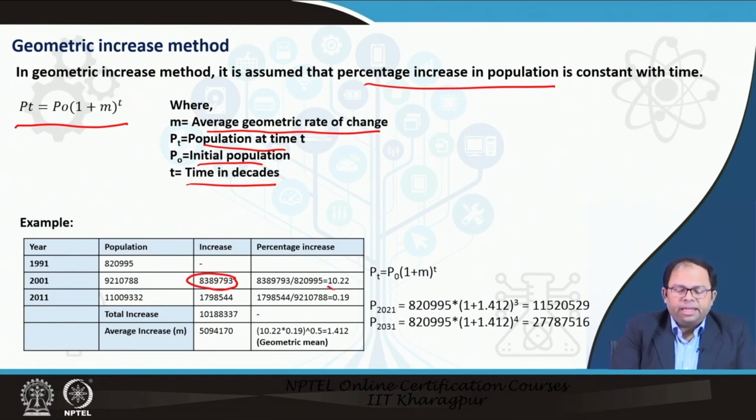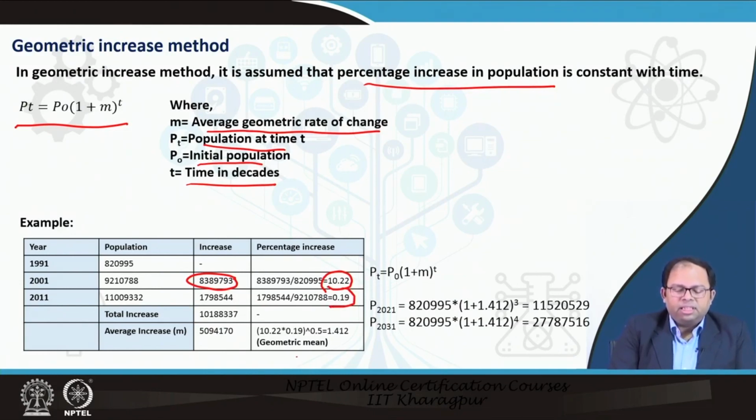We see there is an increase of around 10 times. That means the population here has increased by 10 times. Then in 2011, we can see that the population has increased by only about 0.19 times, which is much less.